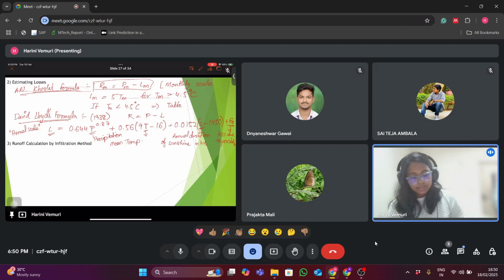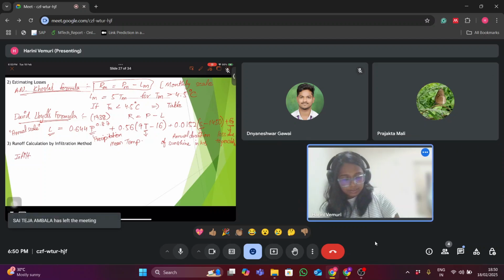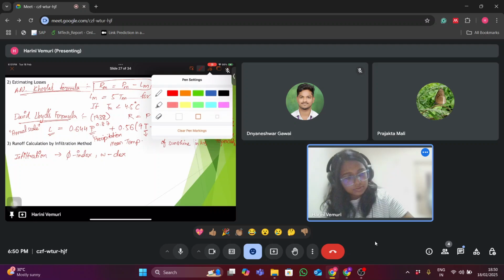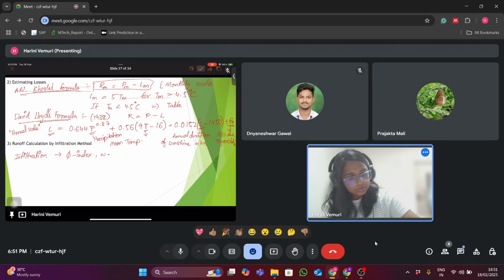So the third method is runoff calculation by infiltration. As we have discussed in the previous lecture, infiltration can be calculated using some indices to get the average infiltration rate, indices like phi index, W index. Okay, these will give us the average infiltration rate.